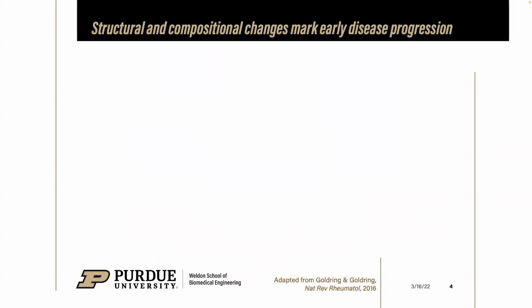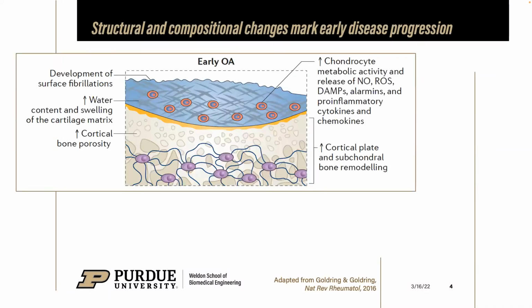And so this early disease is marked by several compositional and structural factors, right? And those are the ones that are more generally studied. These are well reviewed elsewhere, but I'm going to go over some of the ones that will be relevant for us today. Early on, in the cartilage, there is development of surface fibrillations.